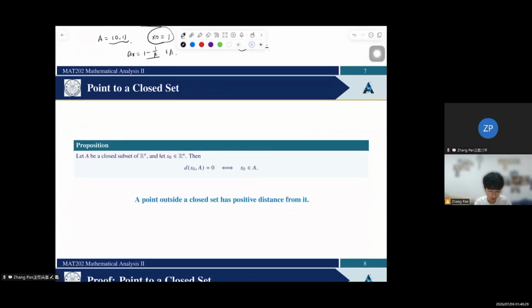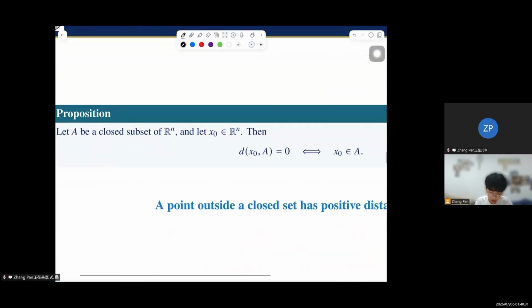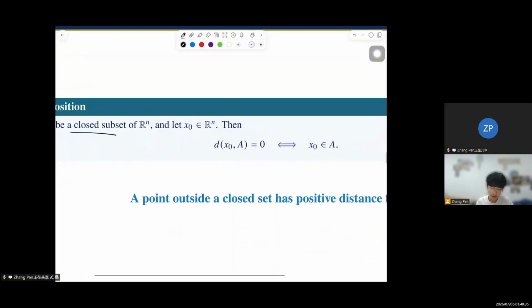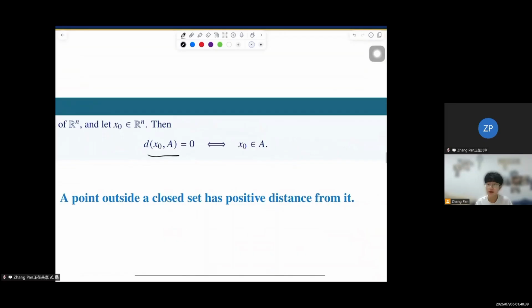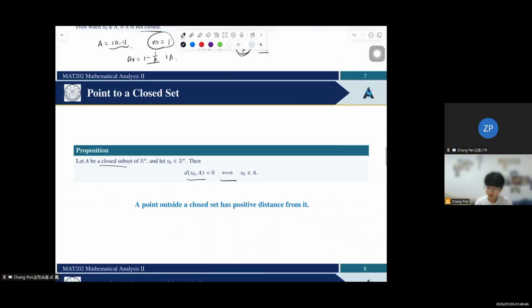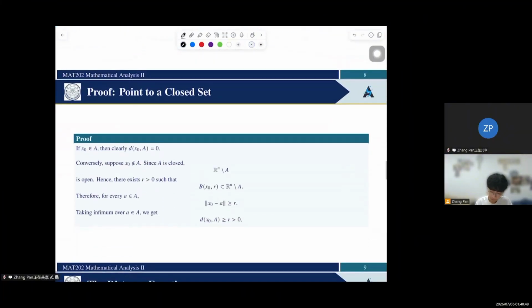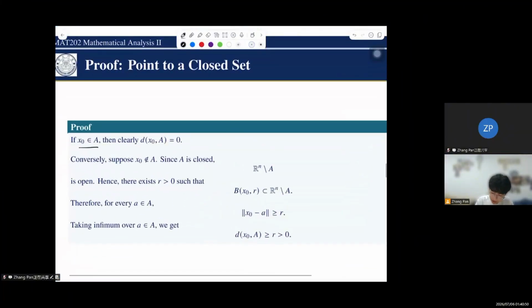Now we have an important proposition. Let A be a closed subset of R^n and let x0 be in R^n. Then the distance between x0 and A equals 0 if and only if x0 is in A. We'll prove it here. We prove by contradiction.